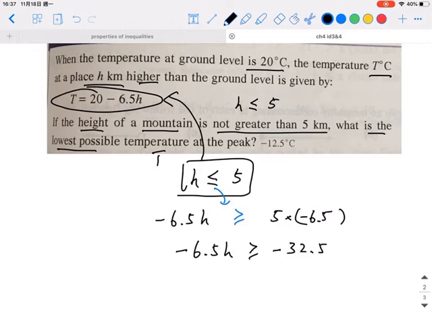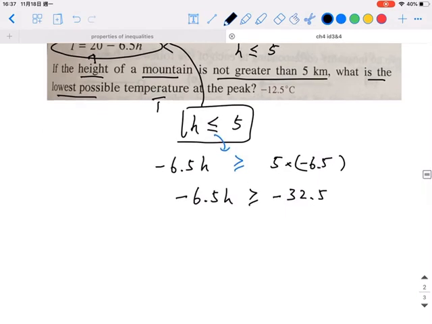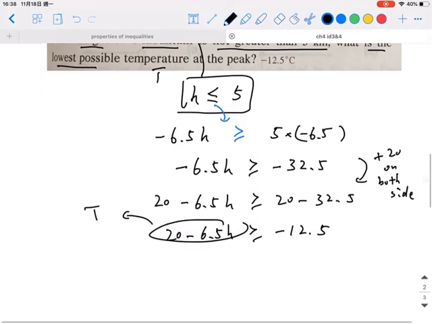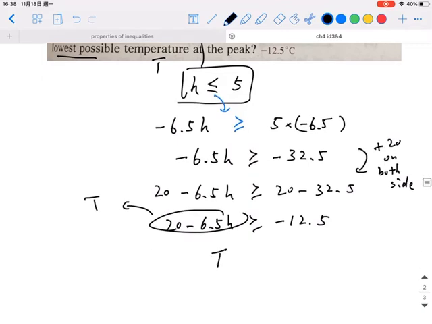Then we add 20 on both sides, so 20 minus 6.5h is greater than or equal to 20 minus 32.5. Finally, we get 20 minus 6.5h is greater than or equal to negative 12.5. And this is T. So in conclusion, T is greater than or equal to negative 12.5.